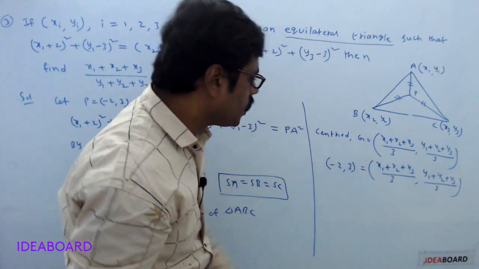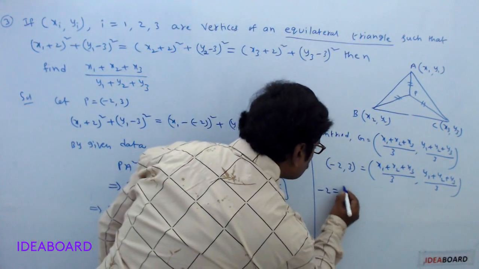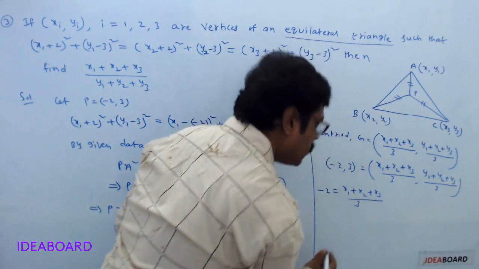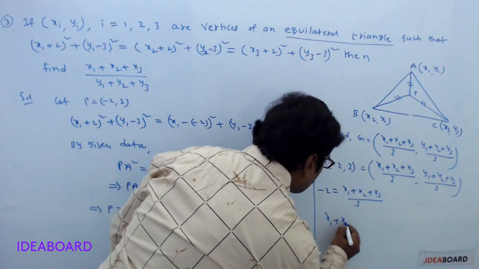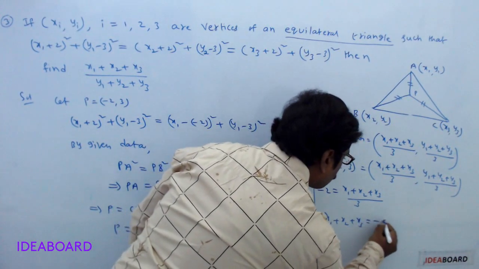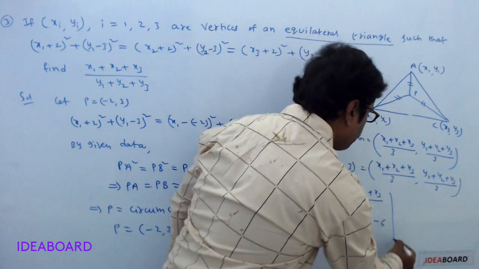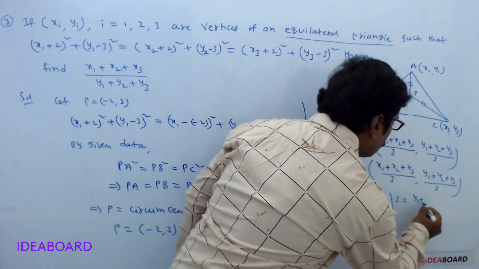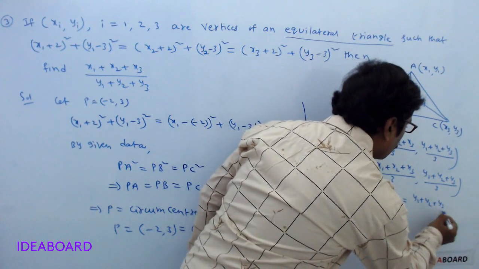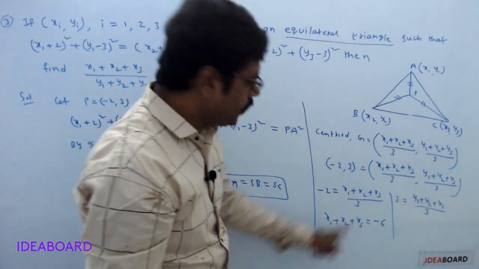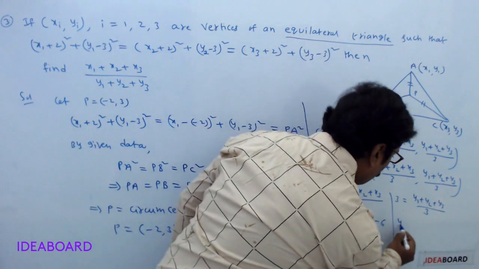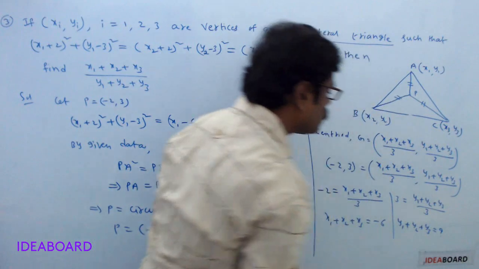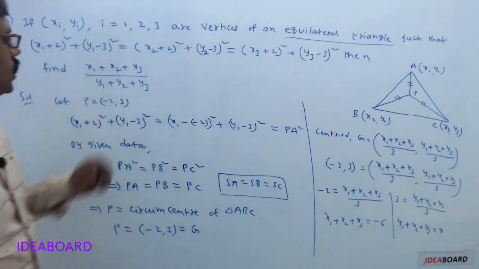Now equating the x coordinates, minus 2 equals (x1 plus x2 plus x3) divided by 3. From this, x1 plus x2 plus x3 equals minus 6. Equate the y coordinates, 3 equals (y1 plus y2 plus y3) divided by 3. On cross multiplication, y1 plus y2 plus y3 equals 9. So what is your answer?